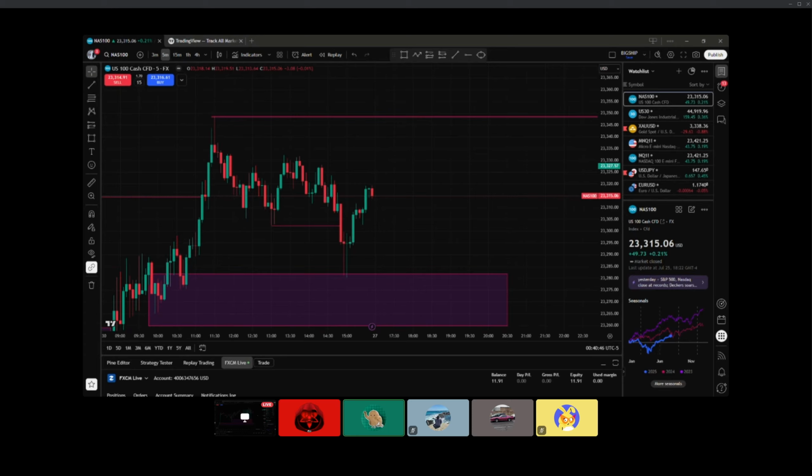Because I don't want to spend a whole 2 weeks on an evaluation only to screw up one day and blow the account, and then I just wasted 2 weeks. I'd rather spend 1 or 2 days trying to pass it in as few trades as possible. And if I blow it, then I can just reset it, and I only spent a day or 2 on it. Typically I pass an evaluation in 2 to 3 days on a 150K.